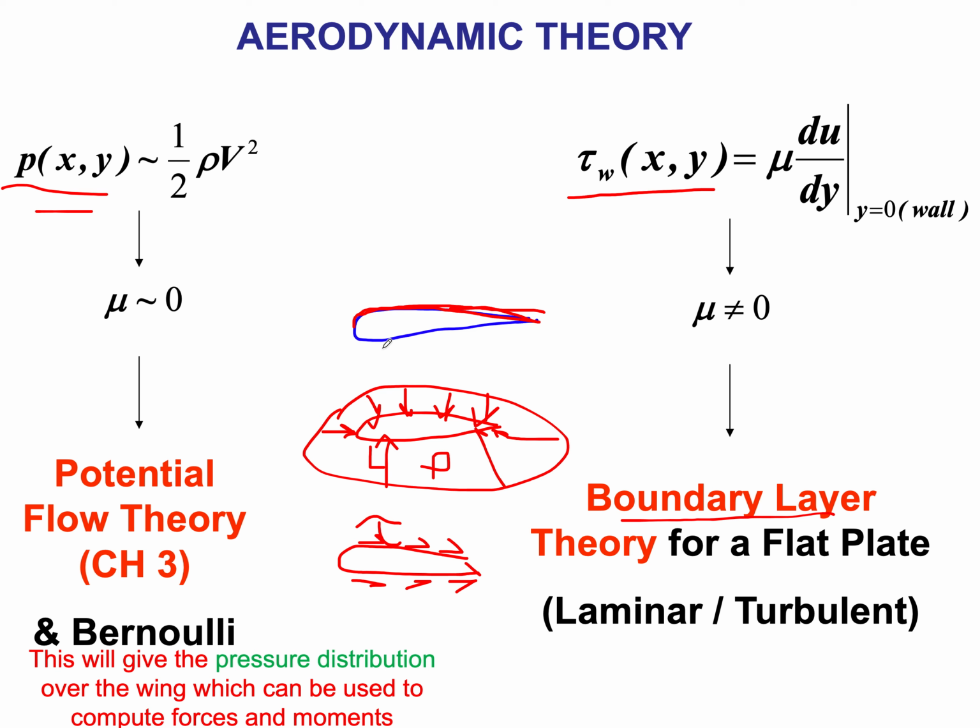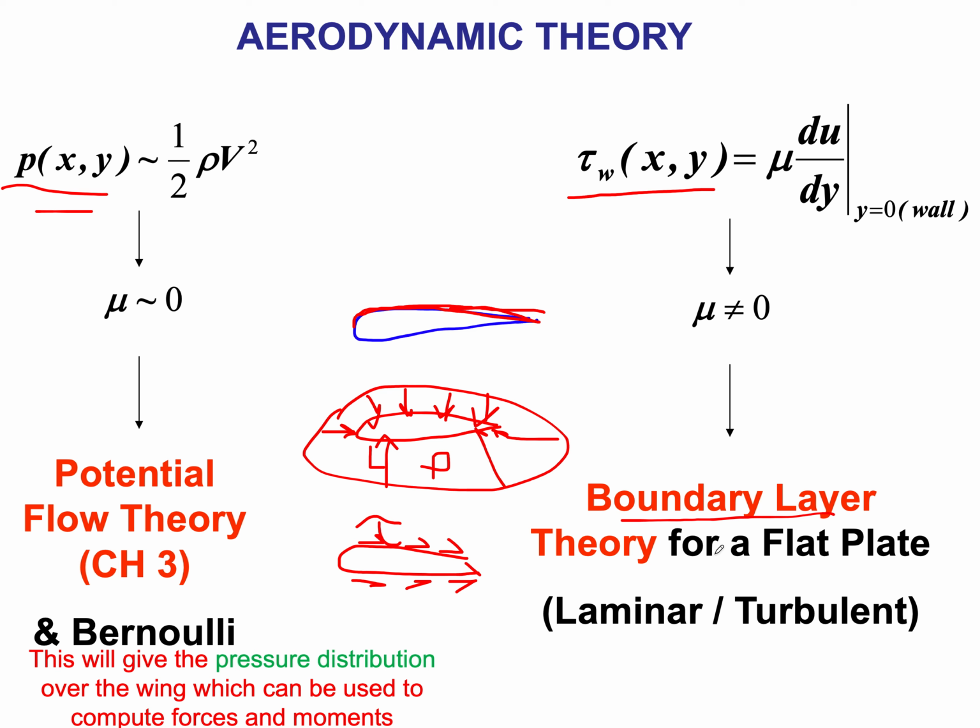Those 2 millimeters, or 2 centimeters, or 20 centimeters, depending on the size of your object, is what we call the boundary layer. In boundary layer theory there are 3 topics of investigation: zero pressure gradient boundary layers, adverse pressure gradient, and favorable pressure gradient. We have only introduced the theory for a zero pressure gradient boundary layer, so that's a flat plate.